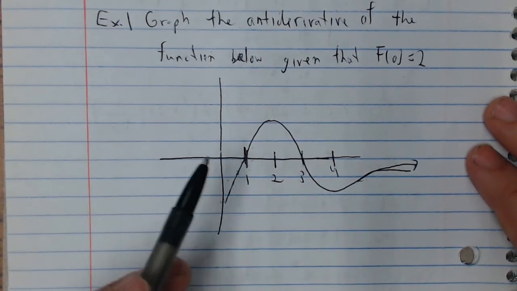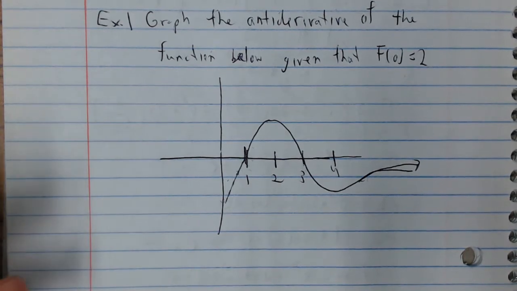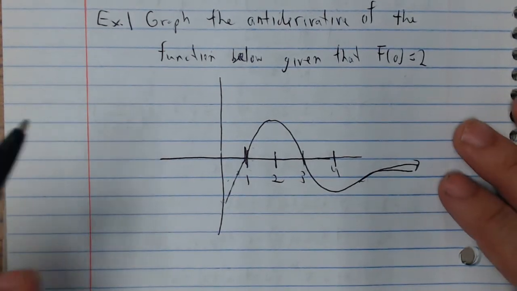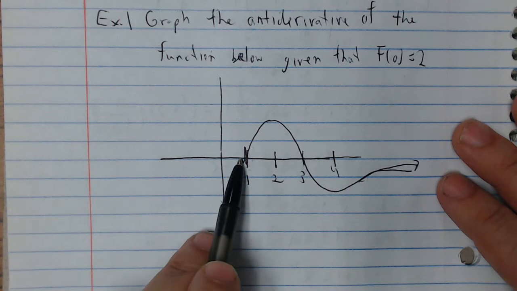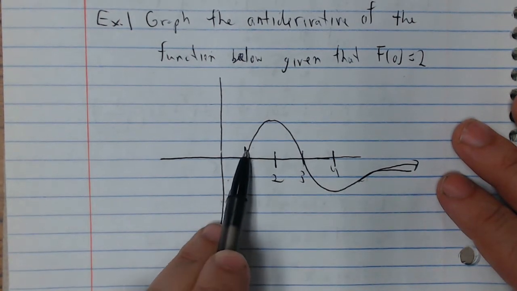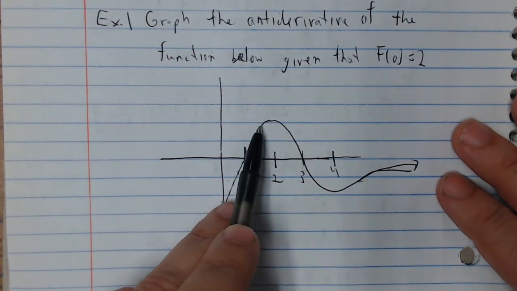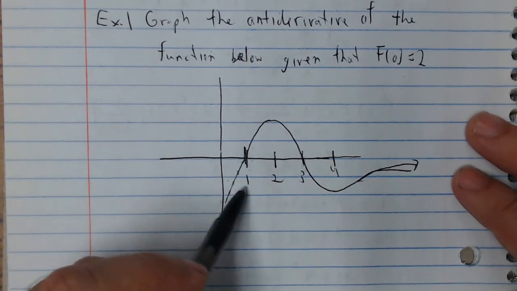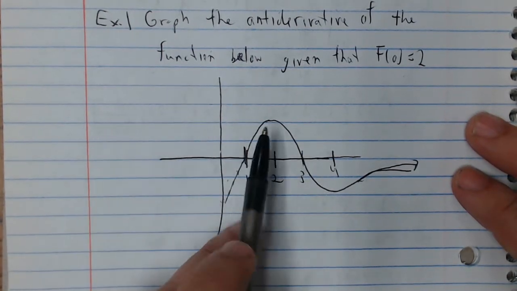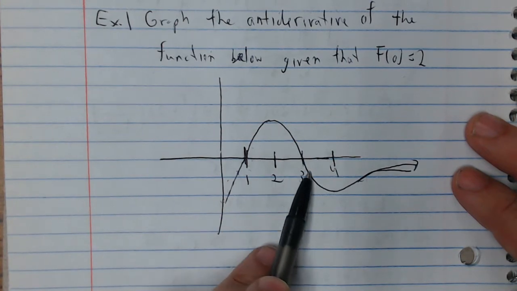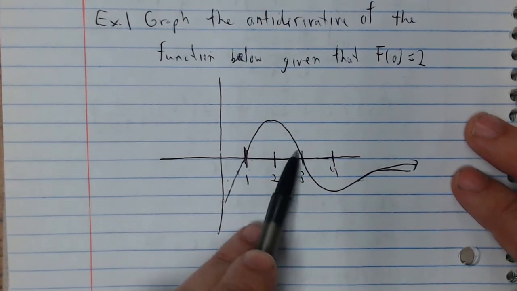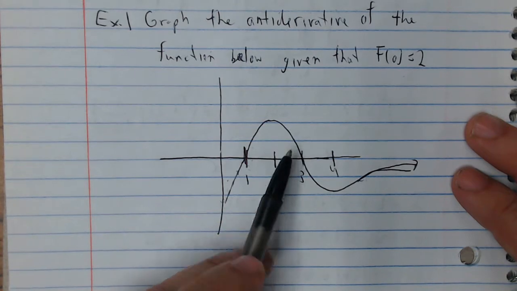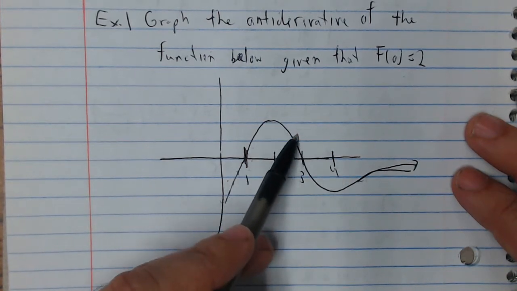The last thing I need to pay attention to are intervals of concavity. If the slopes of my tangents are positive, or if f prime is increasing, then my second derivative is positive, which means the antiderivative should be concave up. When the derivative is decreasing, or the slopes of the tangent lines are negative, the antiderivative is concave down.